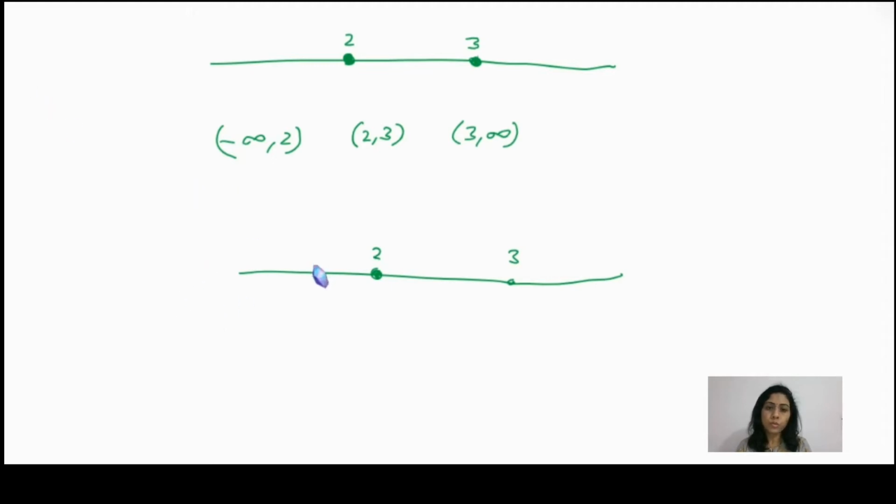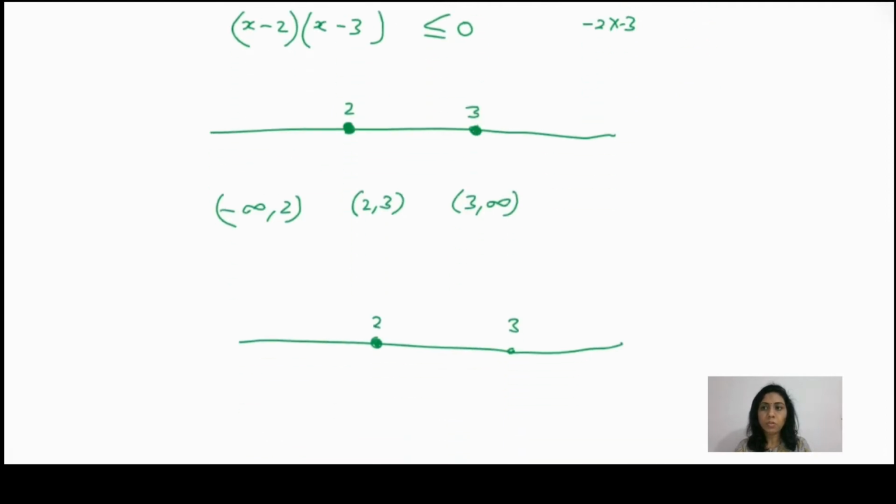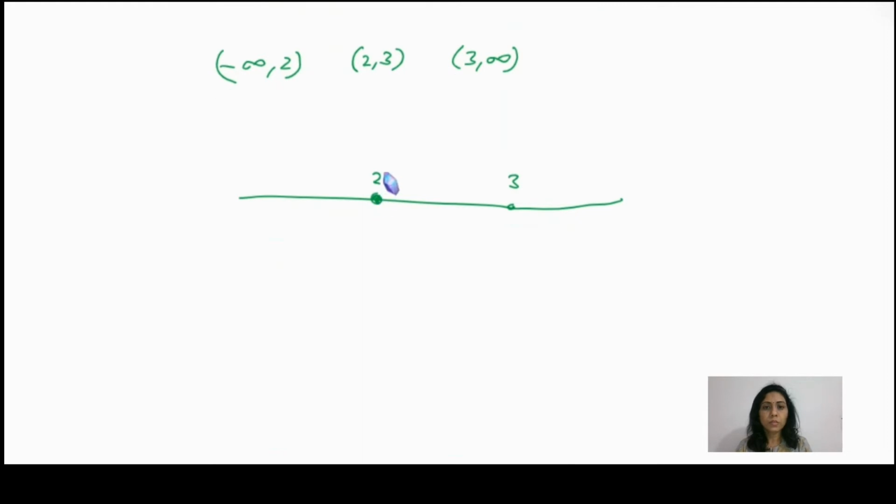Okay, now we choose from minus infinity to 2. Here you can choose any number, because the sign will be changed. Here we can put in these factors and find out what is the sign. So for 2 there the sign changes, for 3 here the sign changes. Okay, I'm explaining, don't worry.